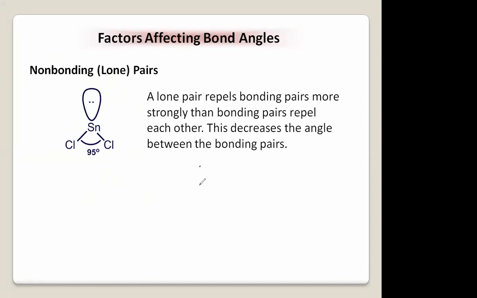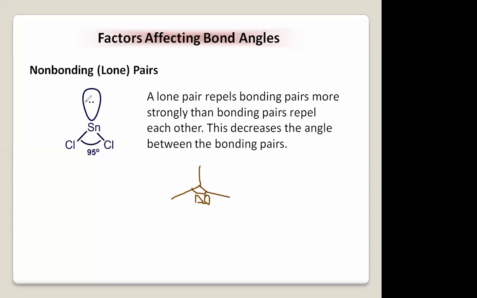So you have this, and that. The angle between them is supposed to be 120 degrees bond angle. But because of this electron pair, don't forget our concept is Valence-Shell Electron-Pair Repulsion theory.